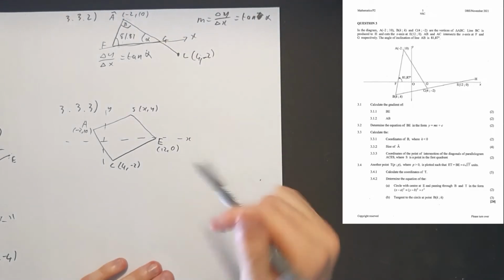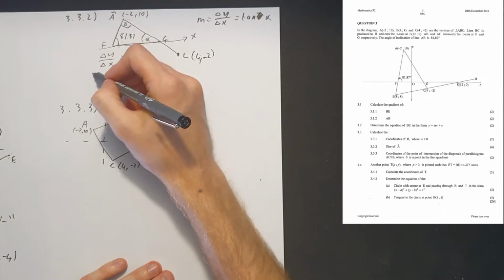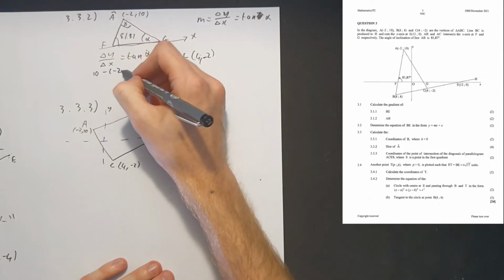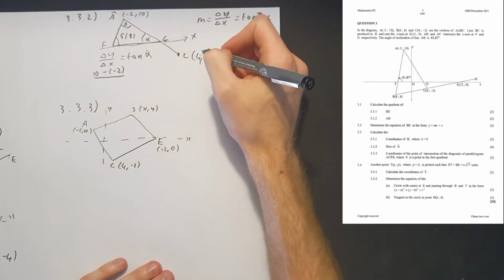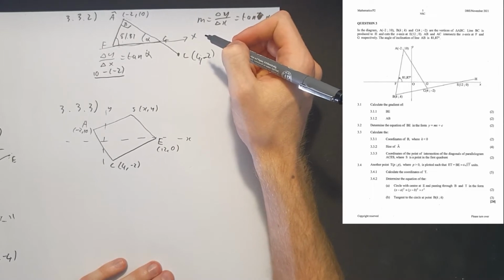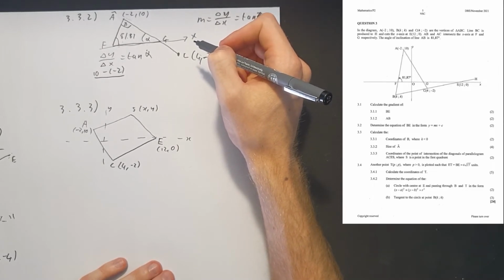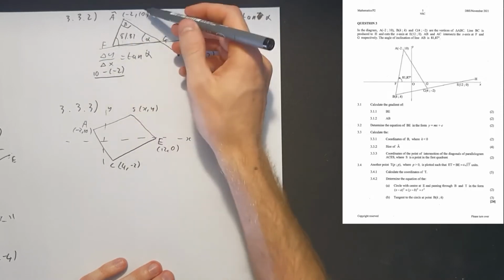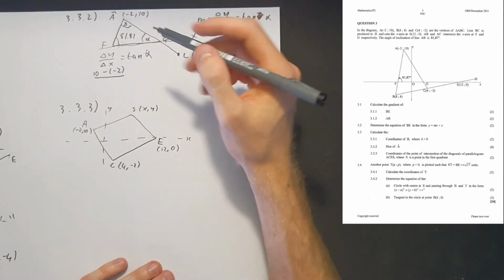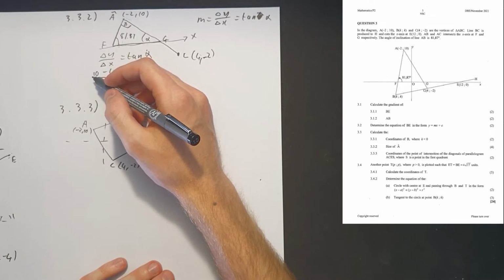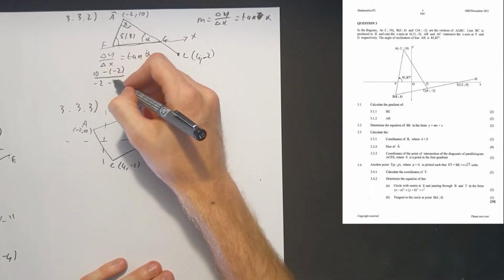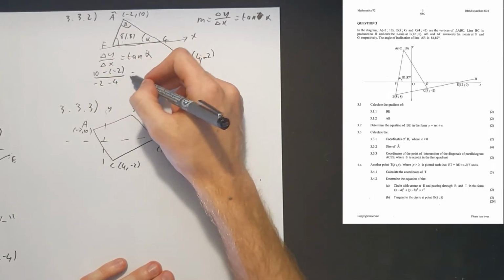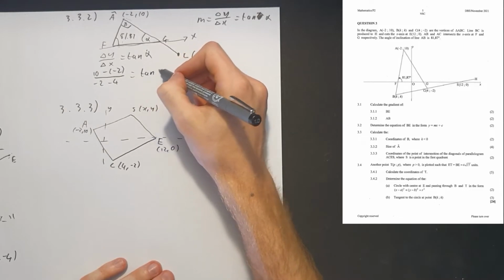If we plug everything in, we're going to have 10 minus -2. Yes, sorry, that's A. So 10 is from A and -2 is from C. Then the next one is -2 minus 4, giving us a negative gradient equals tan of alpha.